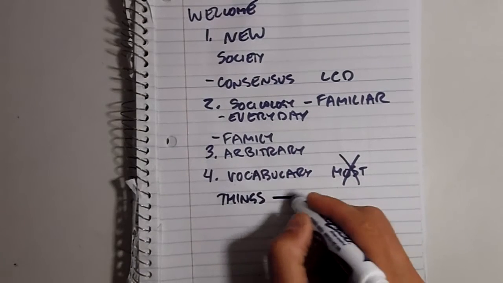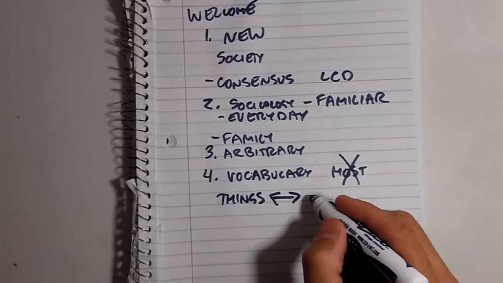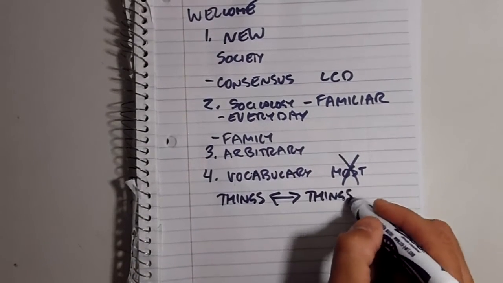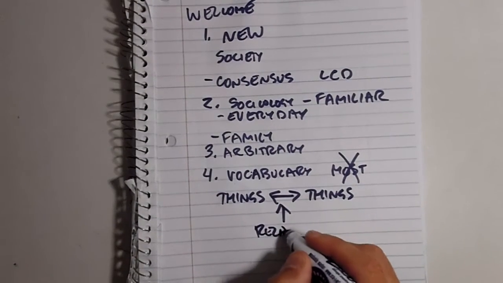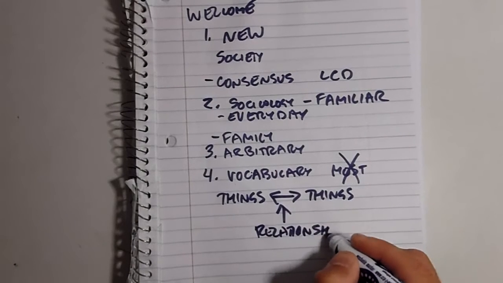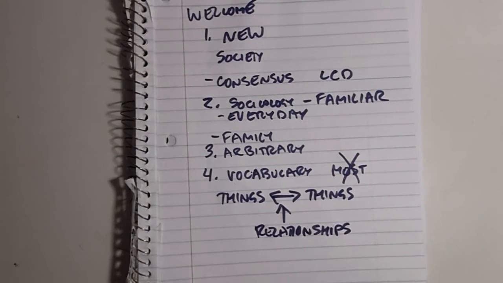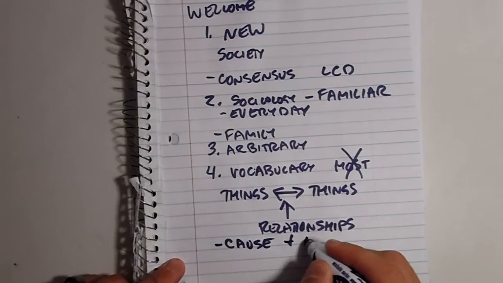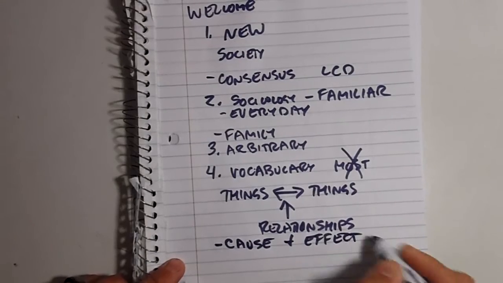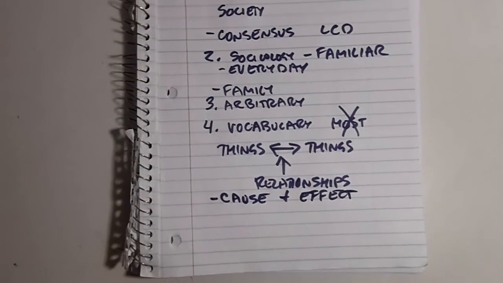These things are related to each other in a variety of ways, and it's these relationships that all scientists are ultimately trying to understand. In particular, we're looking for cause and effect relationships. How do these things cause effects to happen in other things?